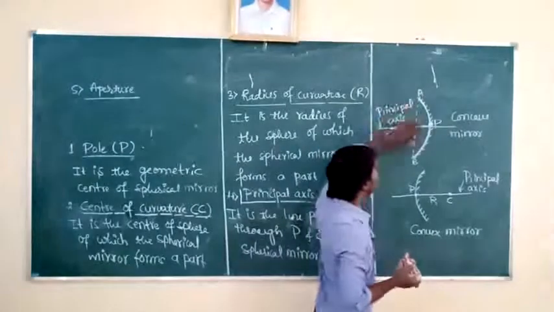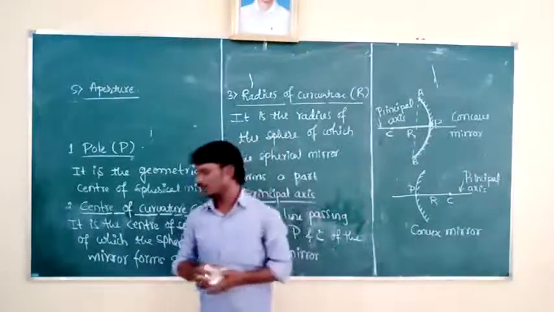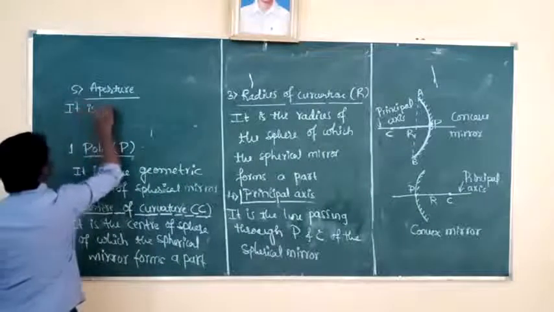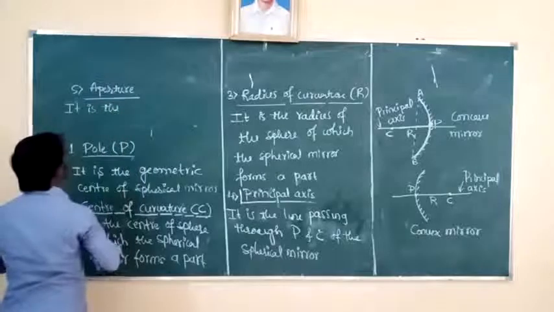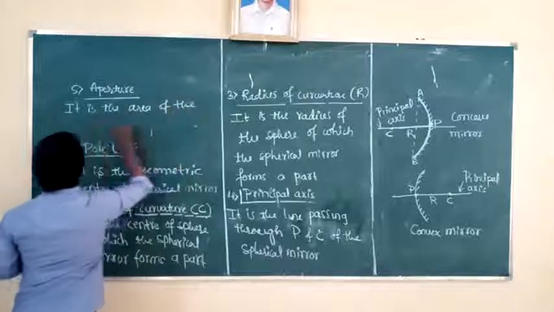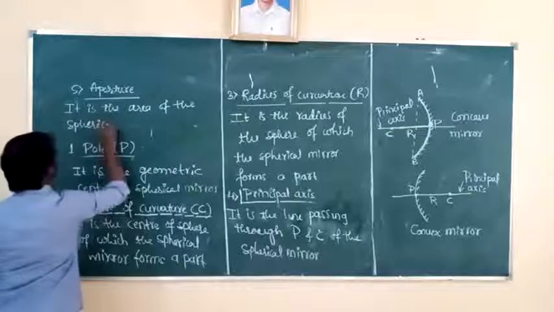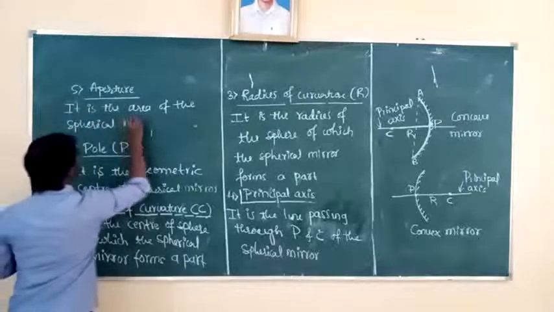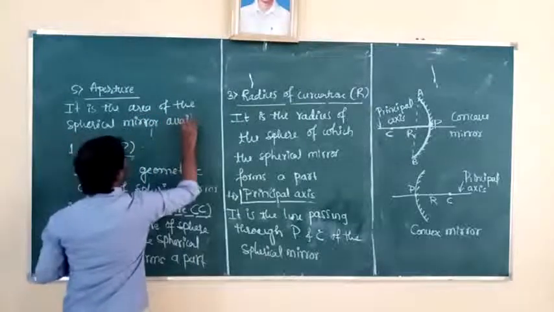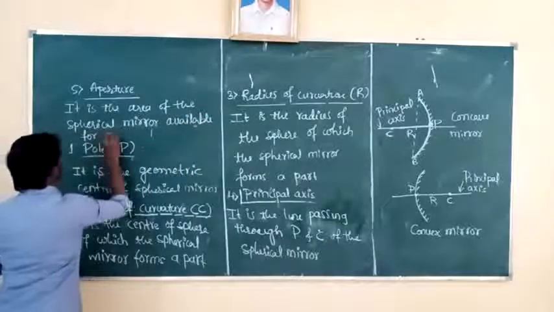A and B. The line joining them gives the diameter, and it is called aperture. It is the area of the spherical mirror available for reflection of light.